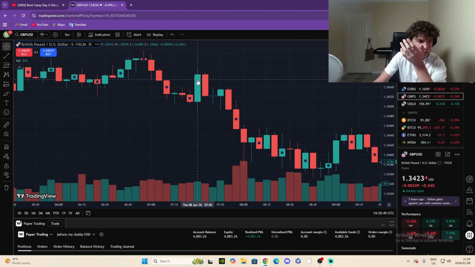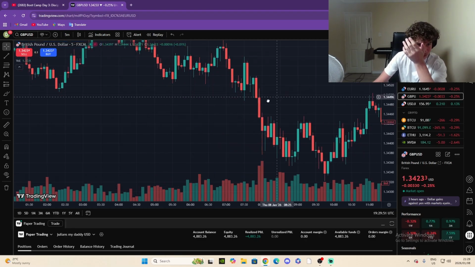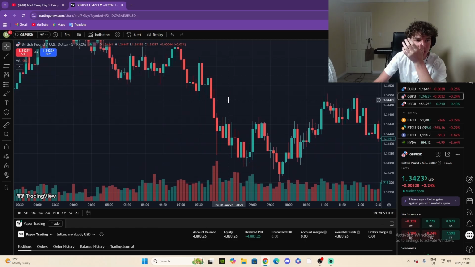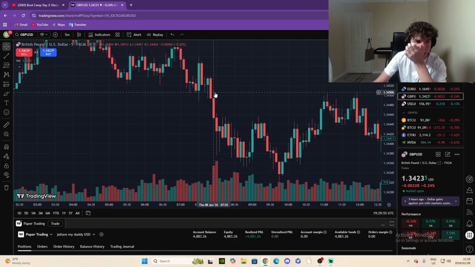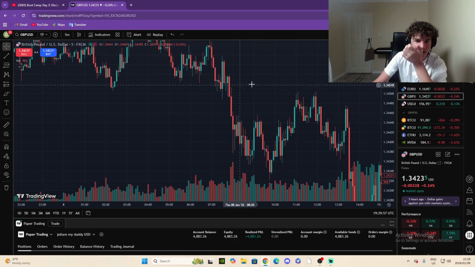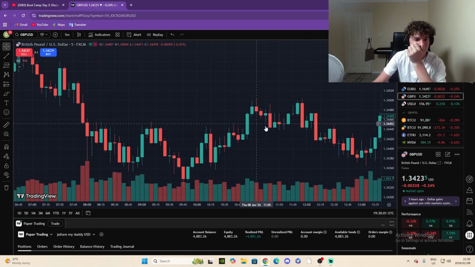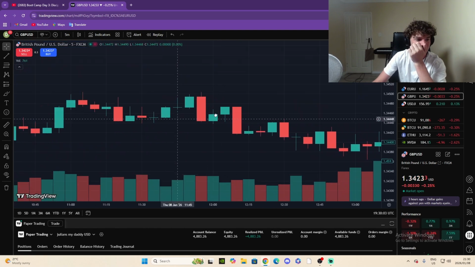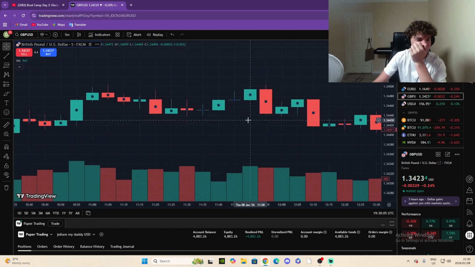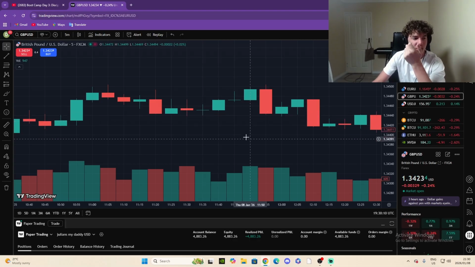I mean, it does short term, but not long term. And this is the 5-minute market though. This is just a classic doji right here. That's literally the cross.